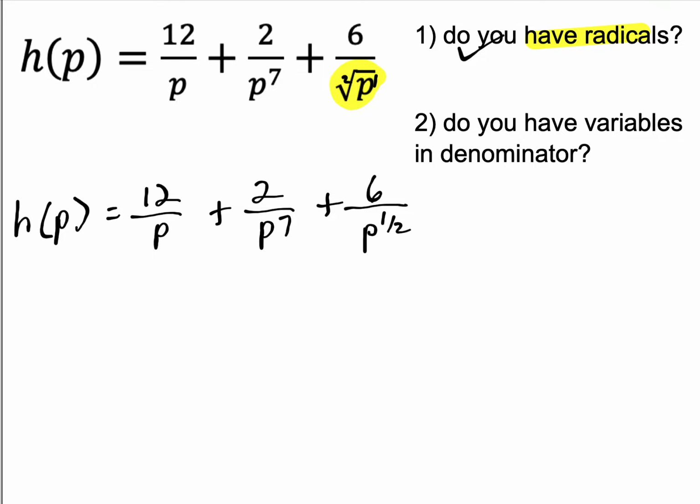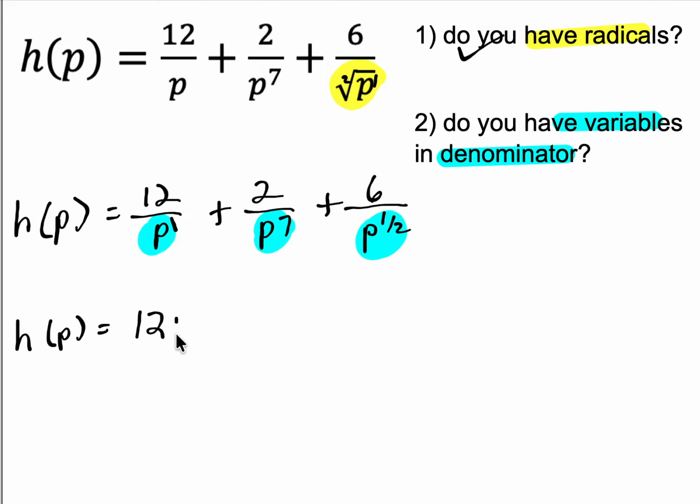Now I'm scanning, do I have any variables in the denominator? Yep, here, here, here. So I want to rewrite those so that I don't have the variable in the denominator. So h of p is equal to, this is p to the first. If I bring it up into the numerator, I make that exponent negative.